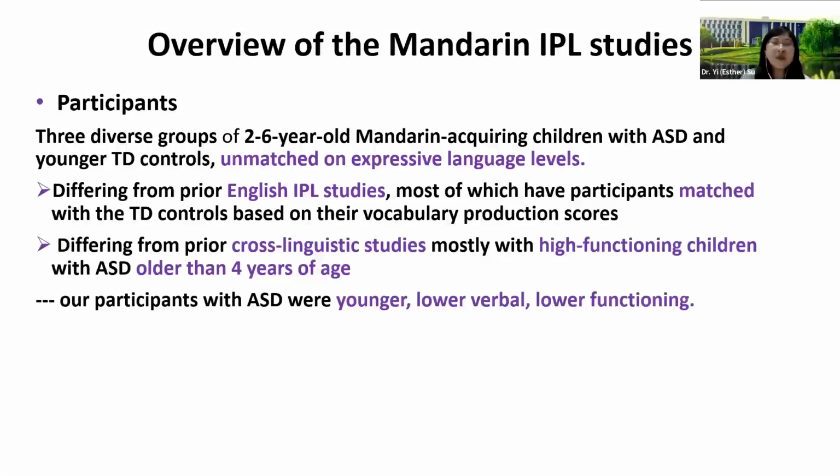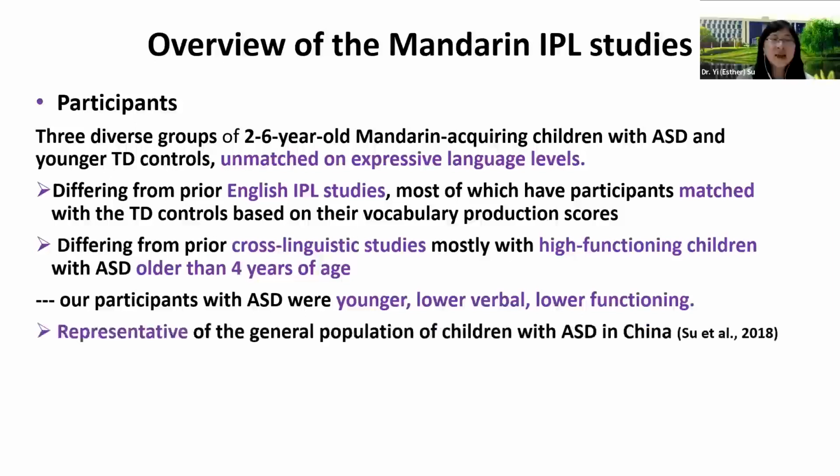So our participants with SD were younger, lower verbal, and lower functioning. And this sample is representative, as I have shown you in the previous study using PCDI. So our diverse sample of children with SD are representative of the general population of children with SD in China.